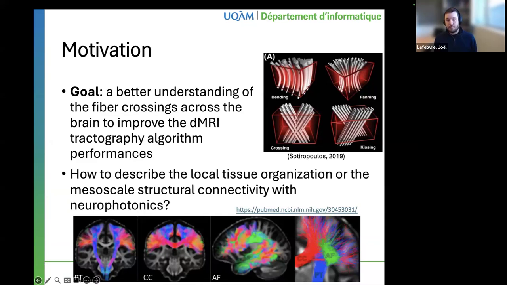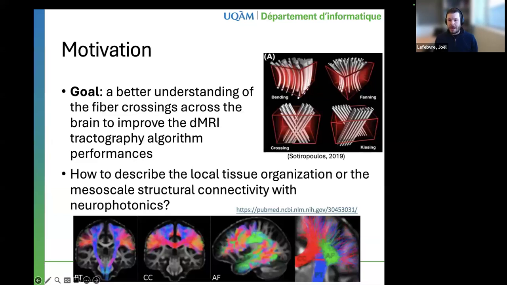The goal is to know at a very fine scale what is happening in the fiber bundles in those locations, and then use that information as a priori information to better guide the decisions the tractography algorithm makes in those areas.